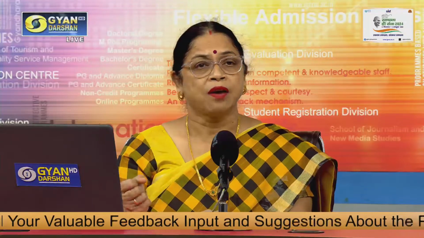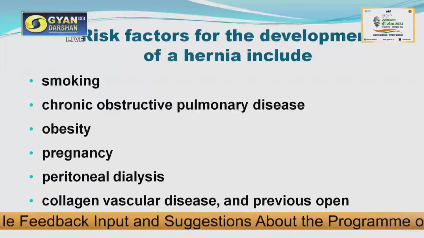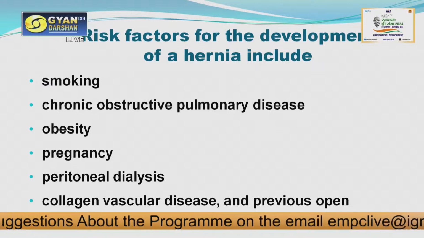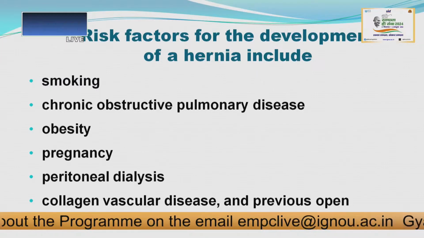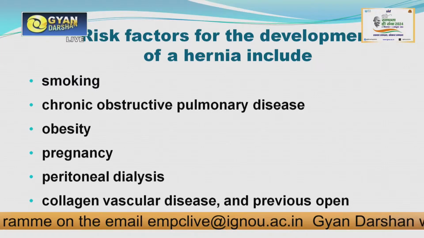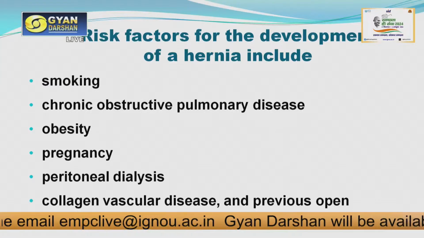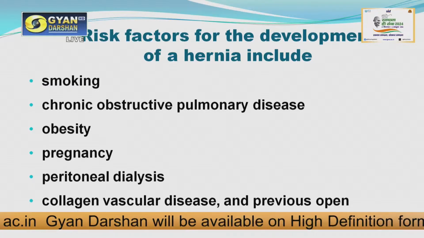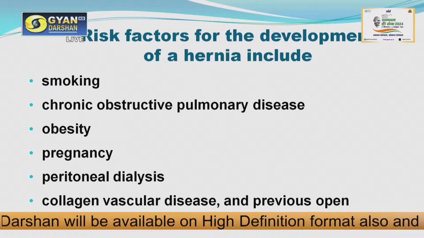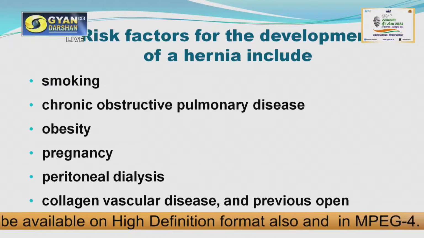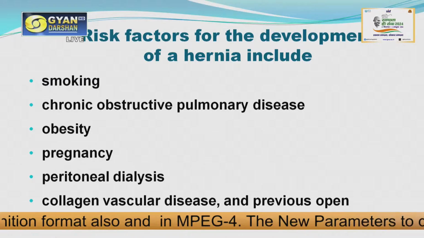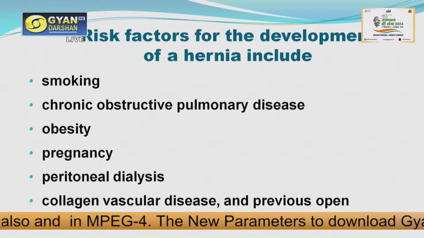The patient may have the problem of chronic obstructive pulmonary disease or a history of obesity. In case of pregnancy also, there is a lot of pressure, a lot of changes in the blood supply and major structures of the female. So during pregnancy also, a woman can have umbilical hernia or any hernia. Peritoneal dialysis is another.